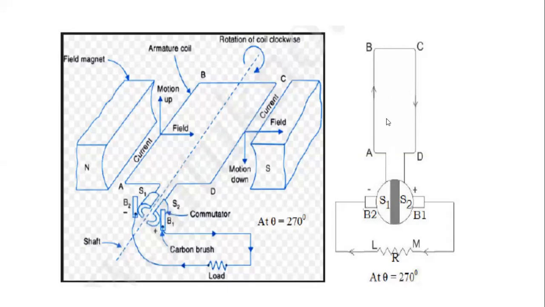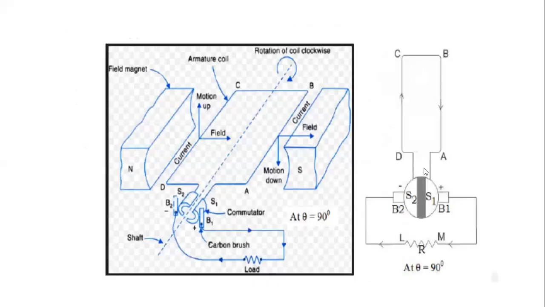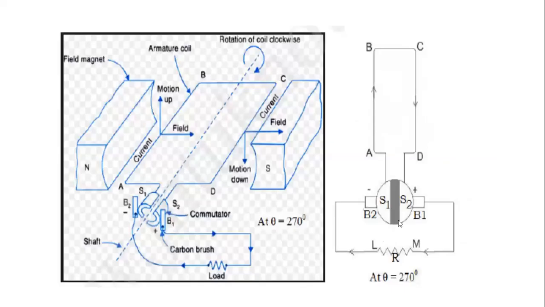Okay, in that case, we observe the current directions. At a position theta equal to 270 degrees, the position of the AB conductor and also the S1 segment will be changed. Okay, in the previous diagram, this is the AB conductor and this is the S1 segment, and in the present case, this is the AB conductor and this is the S1 segment.